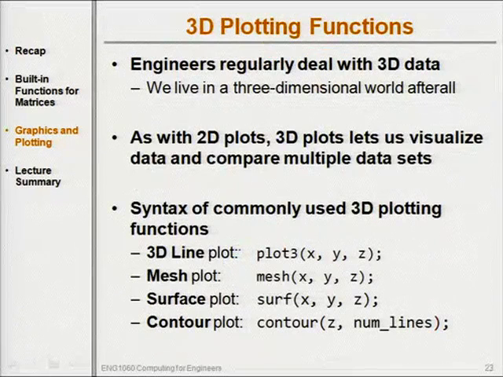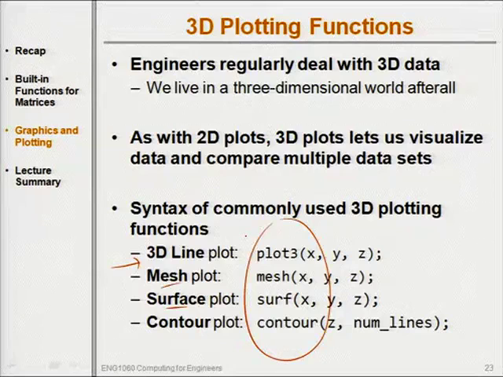So then we have a bunch of 3D plotting functions. Now, with these ones, we'll just go through them very quickly. It's just more so you know that they exist. 3D plotting is not really examinable, but it's quite handy for yourself to know in the future, because you might end up plotting either 3D lines, mesh, surface, or contour plot. There's just a bunch of commands that they use.